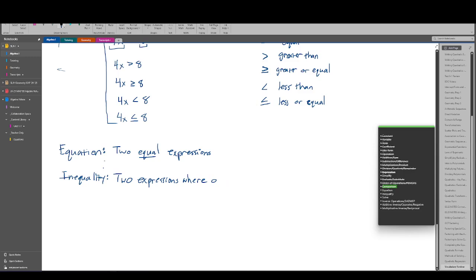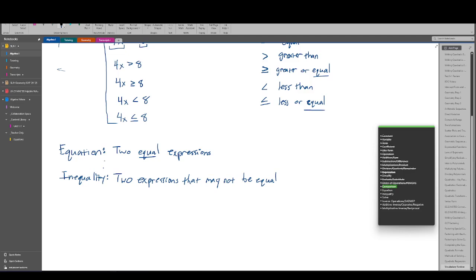Let's just say two expressions that may not be equal, because they still could be. We saw that above we had less than or equal and greater than or equal. So an inequality doesn't tell us that two things aren't equal, but it tells us they aren't always equal. So one could be bigger or smaller than the other.